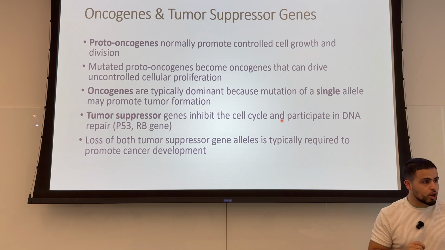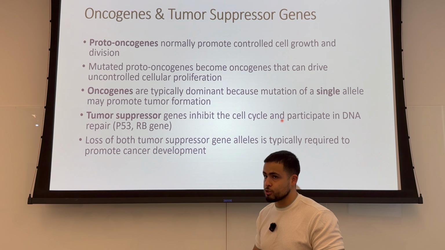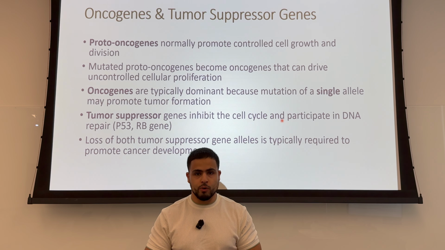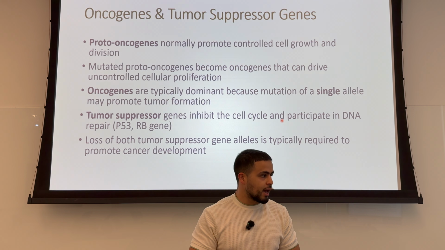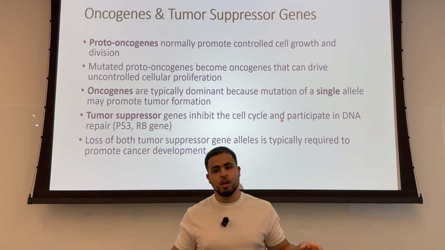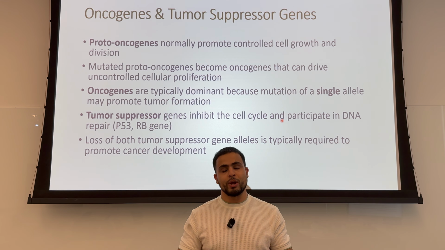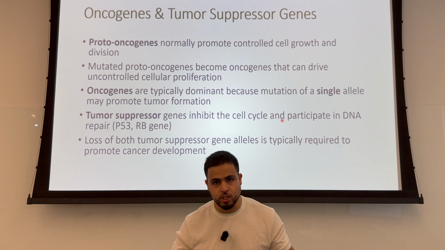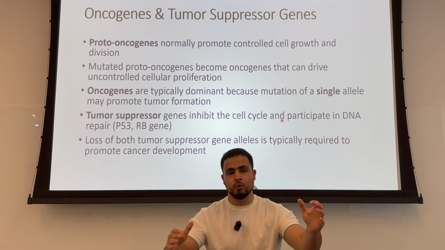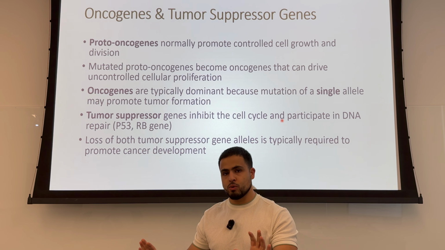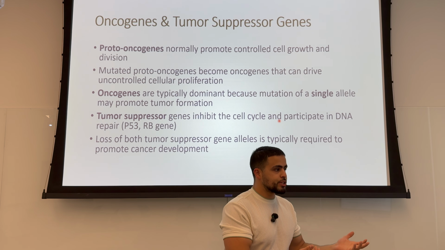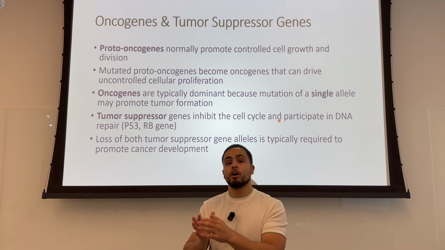All right, so now let's talk about oncogenes and tumor suppressor genes. These are pretty straightforward, but they show up on the MCAT. So proto-oncogenes are genes that are involved in the regulation of cellular differentiation or cellular replication. So in a way, they control cell division. Well, when they get mutated, they convert into what we call oncogenes.